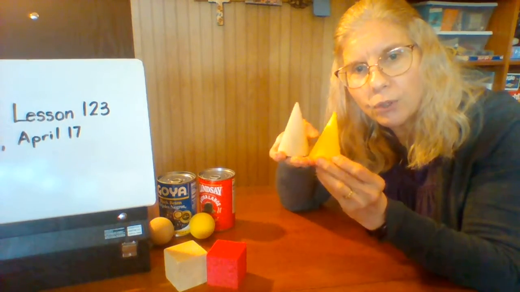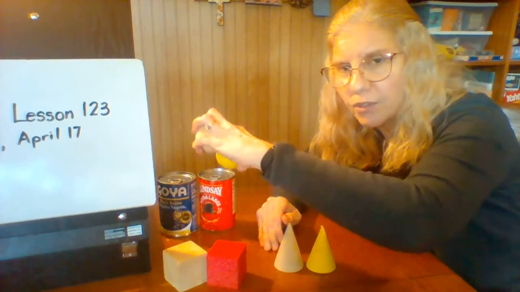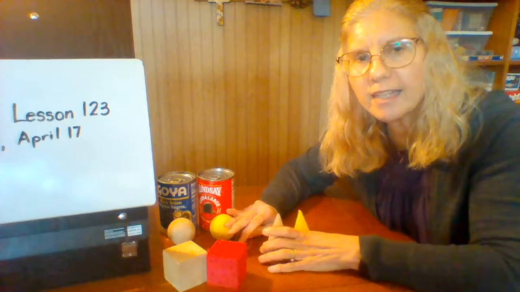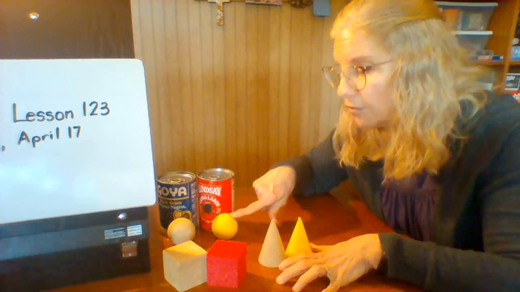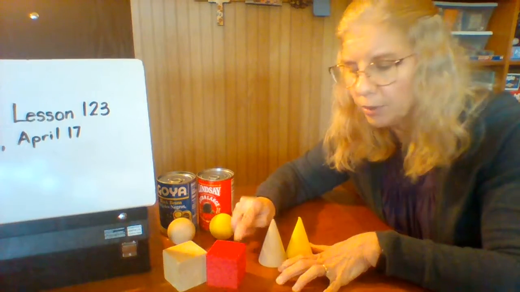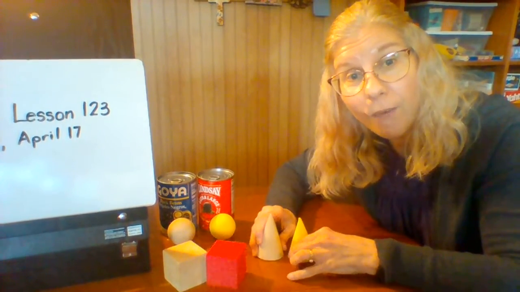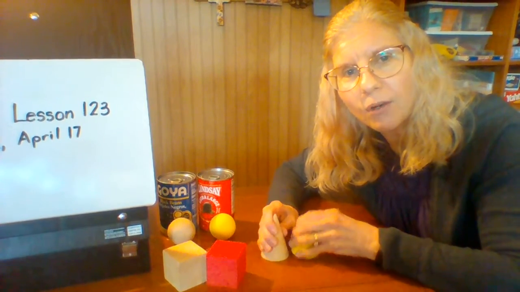So I have 2 cones, 2 cubes, 2 spheres, and 2 cylinders. Let's say that again. Let's say all the shapes. Cylinder, sphere, cube, cone. So now we have 4 shapes that we have learned, and they are called 3D because you can hold them and touch them.